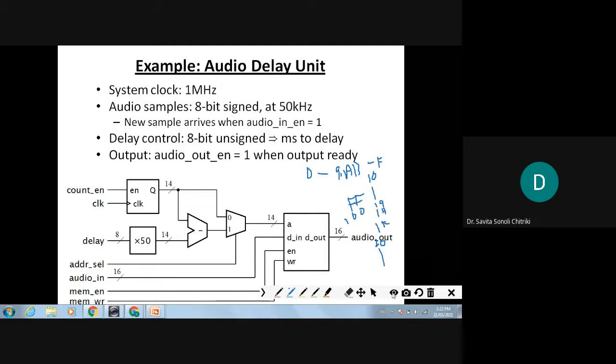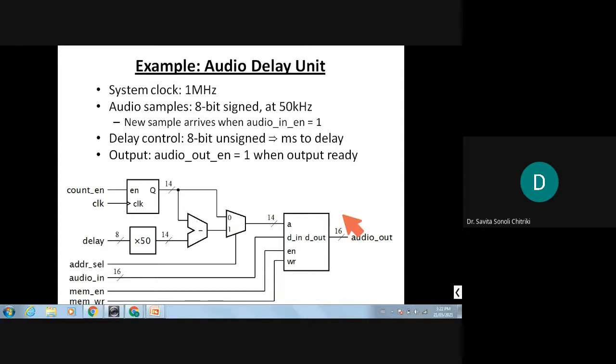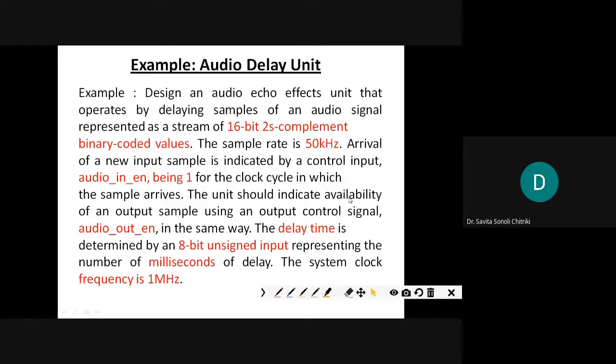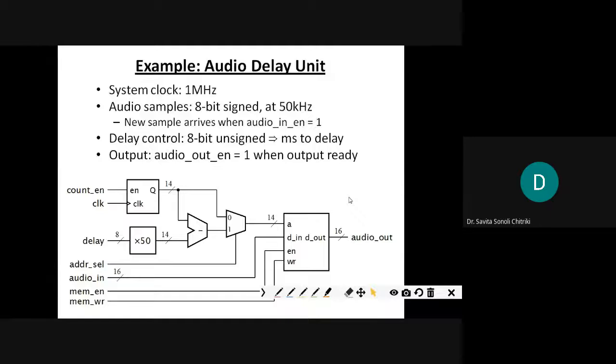One more important question for you here: how do you calculate the starting and the ending address?